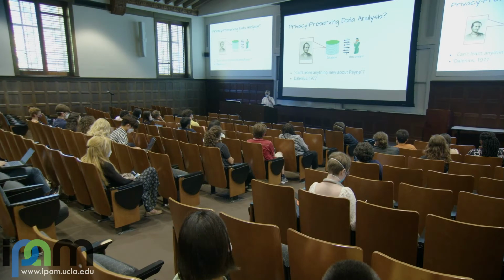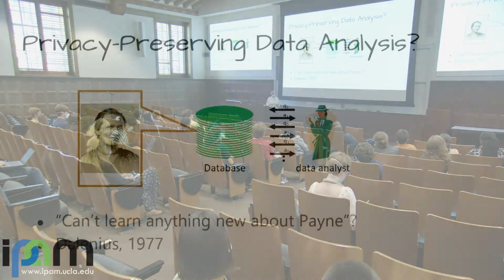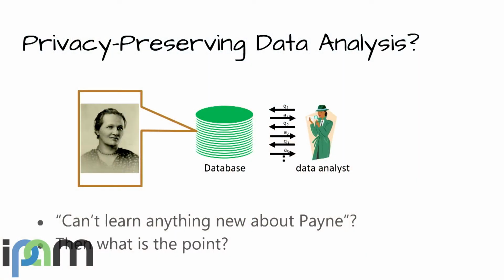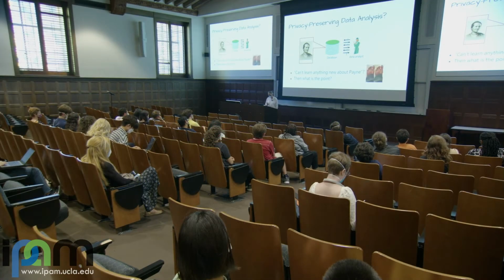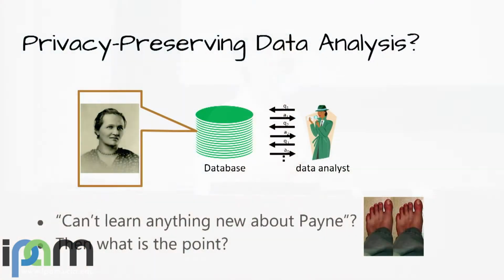That was definitely the first thing that we tried, but if you take that view, then what is the point of a statistical analysis or a statistical data set? To give you an idea, suppose I'm from Mars and I believe that all humans have 2 left feet. So in particular, I believe that Payne has 2 left feet.